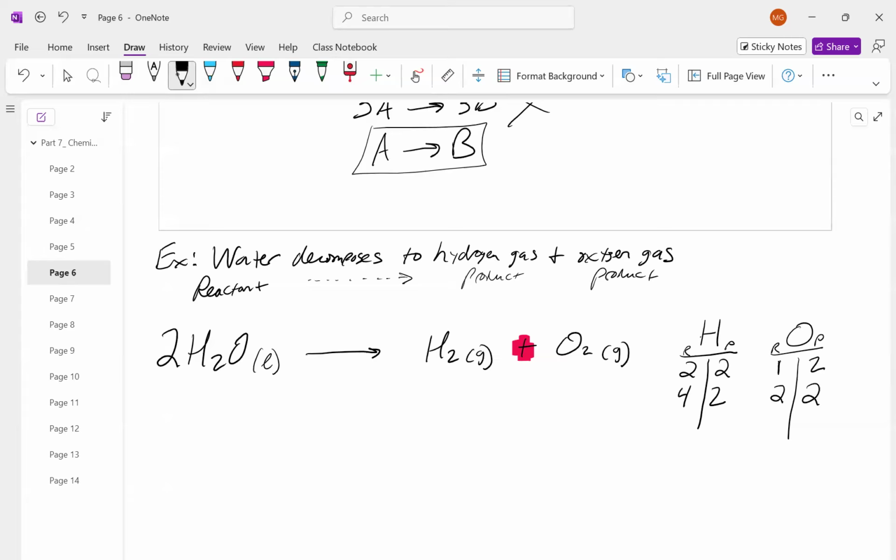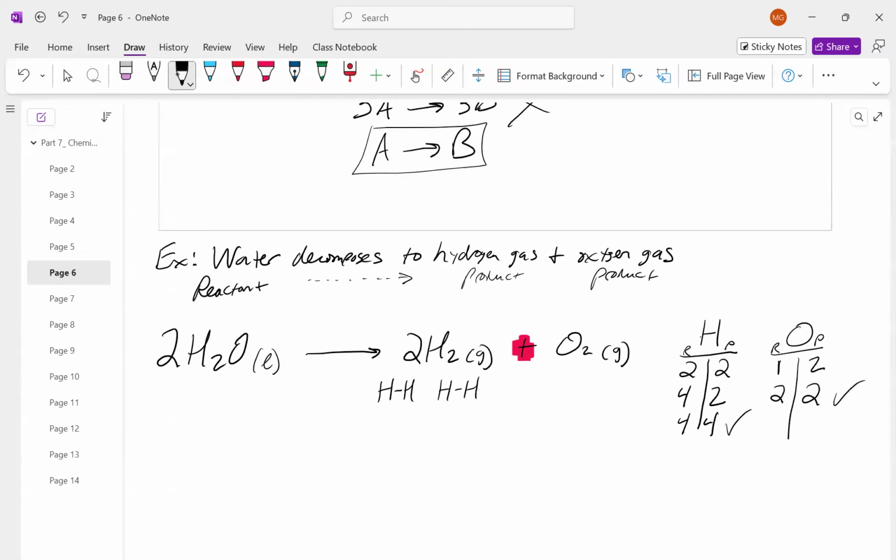Well, I already got two. I can add another two by doing that, because what that is saying now is that instead of one hydrogen molecule, I now have two. So how many hydrogens is that? Now that is four on the left, four on the right. So my hydrogens are balanced, my oxygens are balanced.